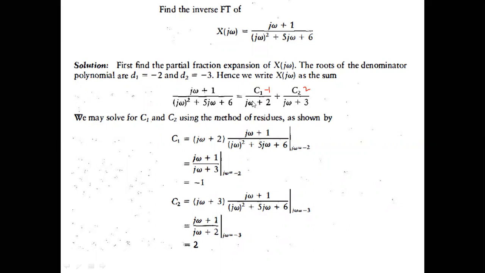What will be the inverse of this? Minus 1 is a constant, so it is minus e to the power minus 2t into u of t. And for the second term, it is 2 e to the power minus 3t into u of t. That will be your answer.